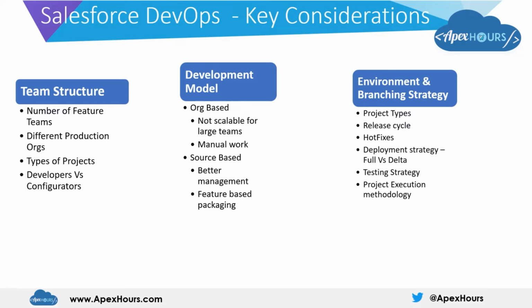For example, a sales project is going on which needs to be in production in 2 months' time, while another project on marketing, like lead generation, should be in production only after 4 months. So there's a dependency between these two developments. How you are going to manage this dependency, and how you are going to merge the changes from one project to the other, all this defines your environment and branching strategy.